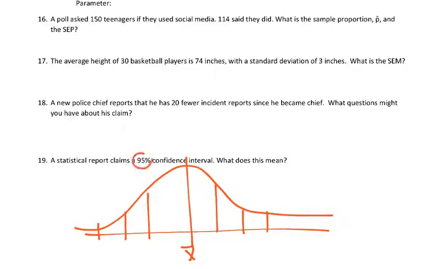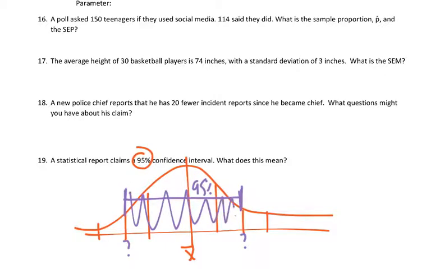A 95% confidence interval is basically saying if we go to 95%, which would be about right here, what is the size going to be? 95% of our stuff is going to fall into what? Our confidence is 95%, so we're confident that 95% of it will fit within here.